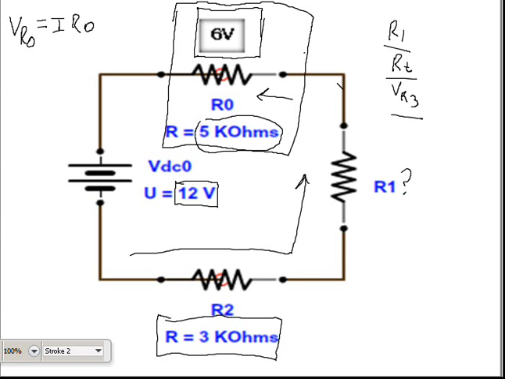Well, we know the voltage. We know that we have some current. And we know the resistance. So now our only unknown left is the current.